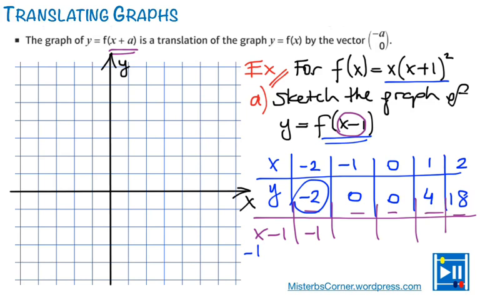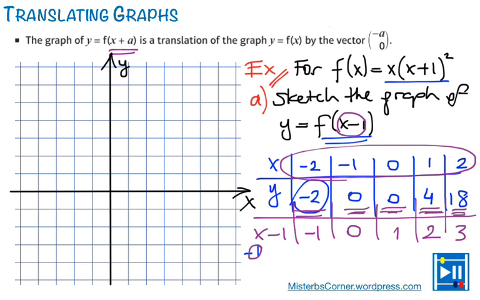And it's going to be 0, because if I substitute 0 here, it's going to be 0 minus 1, which is minus 1, right? And then 1, 2, 3, and so on. So basically, the x values will shift, all right, 1 unit, so that you can get the same y values.